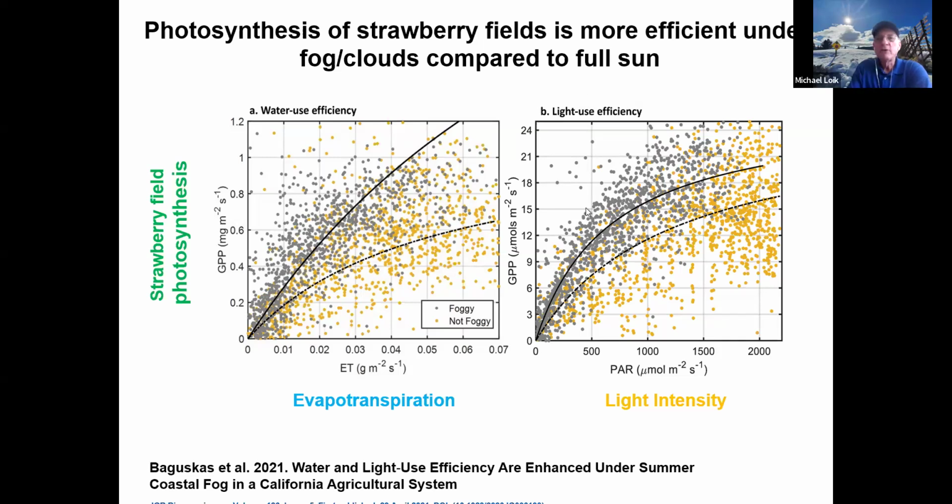Nevertheless, we see that photosynthesis is actually higher by maybe 20% per light unit on a foggy day compared to a clear day. And similarly, in terms of the water use, we see on the left-hand panel, we have evapotranspiration. That's the water leaving both the soil surface and the leaf surface, and how that affects the strawberry field photosynthesis. And again, we see a pronounced difference between the pattern on foggy days compared to non-foggy days.